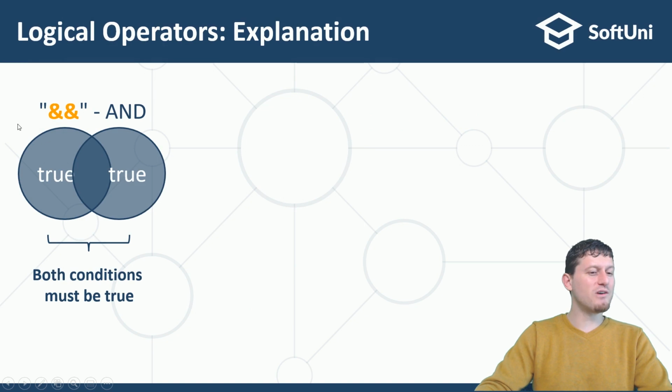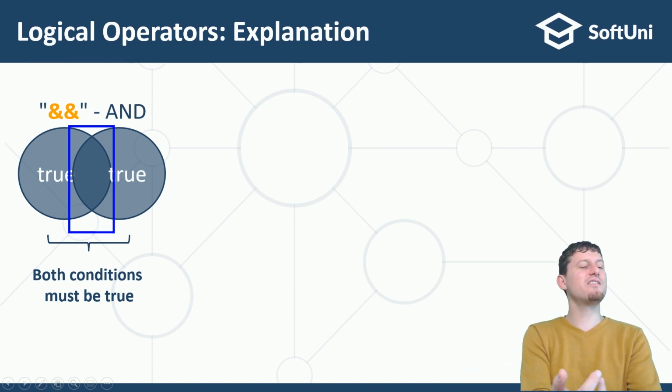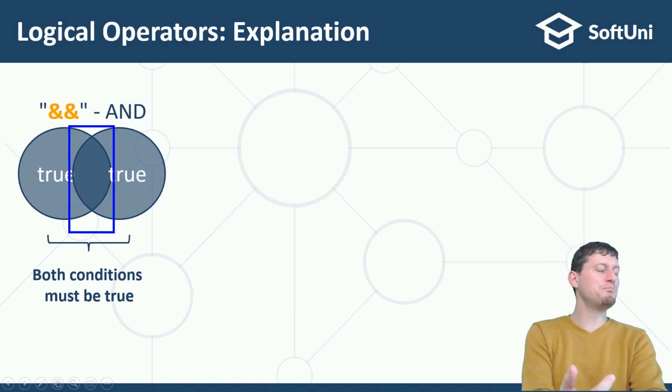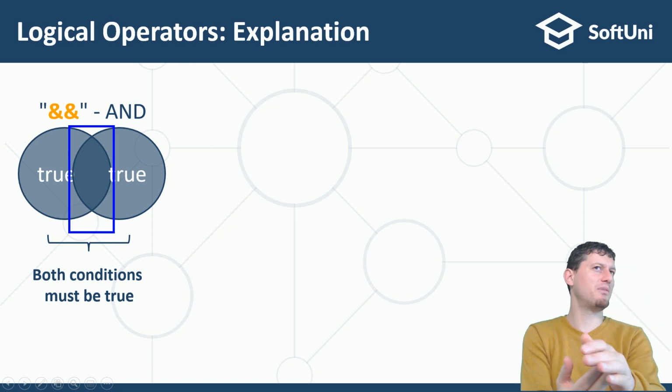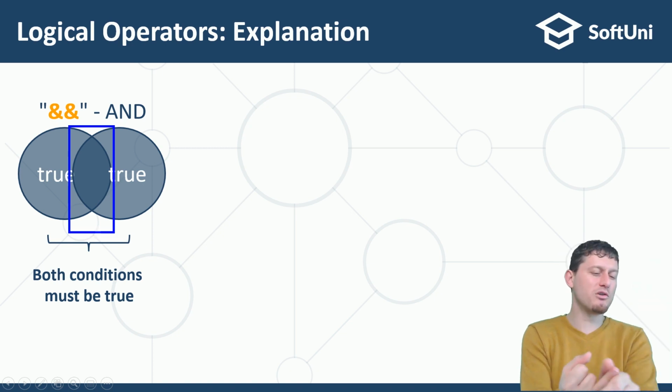So the logical AND, this operator, double ampersand, is true when both conditions are true at the same time. So if I'm old enough and if I signed an agreement, I can purchase, for example, a car. I should be 21 years old and I should sign some documents.